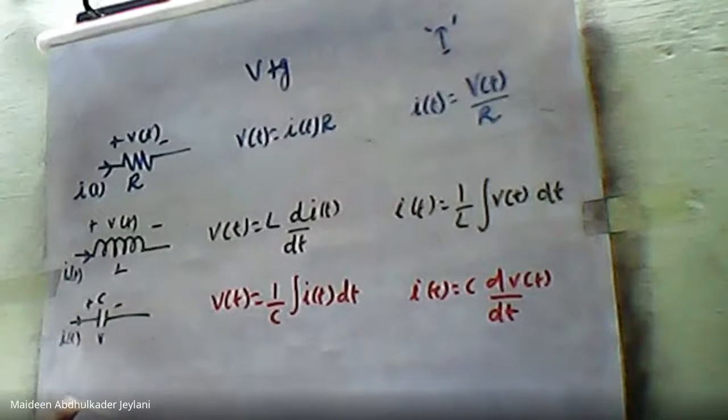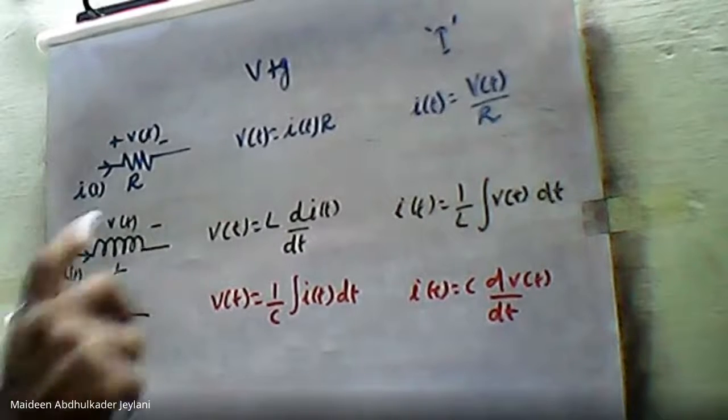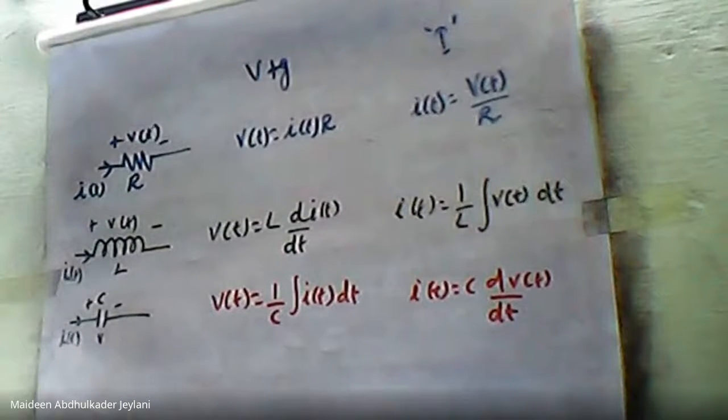The differential equations governing the electrical system can be formed by writing Kirchhoff current law, KCL, equations by choosing the right nodes in the electrical network, or otherwise we can use Kirchhoff voltage law by choosing various closed paths in a network. That is the difference between KCL and KVL. If you want to identify the current at a particular node, we can apply KCL by choosing various nodes in the network.